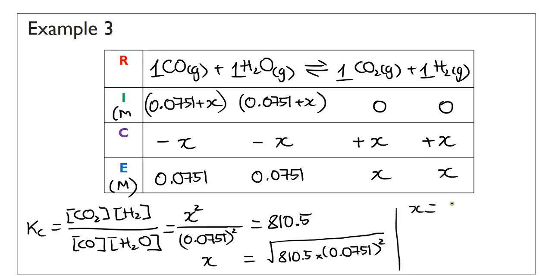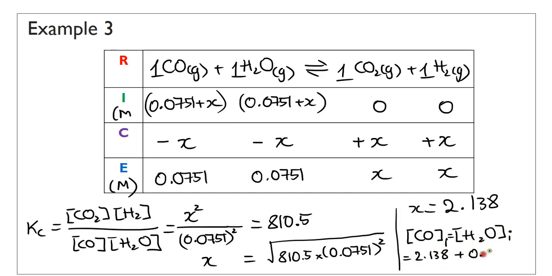So I have 2.138 or something, and you need to find what the question is asking, which is actually the initial concentration of CO and H2O, and that should equal this number plus 0.0751, so 2.138 plus 0.0751. So I'm just going to use the exact value and leave the final answer to 3 significant figures, so 2.21 molar. Let's put a box around it.